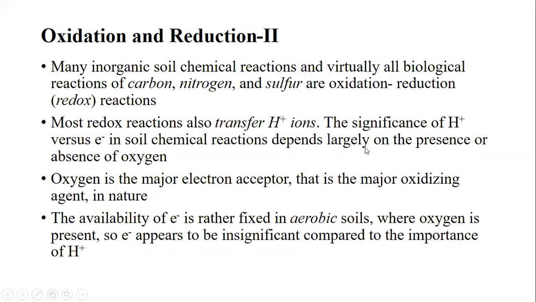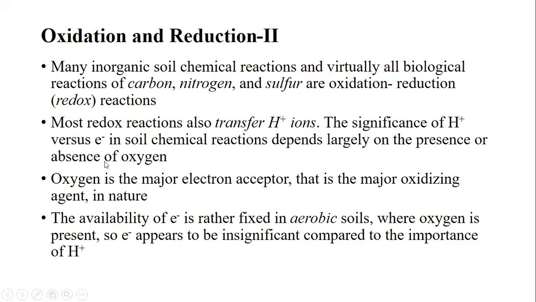So, which one is more important, the hydrogen or the electrons in the soil reactions that take place? That is determined by, do we have oxygen? Do we have aeration? Will there be a good supply of oxygen or lack of oxygen in the soil system?